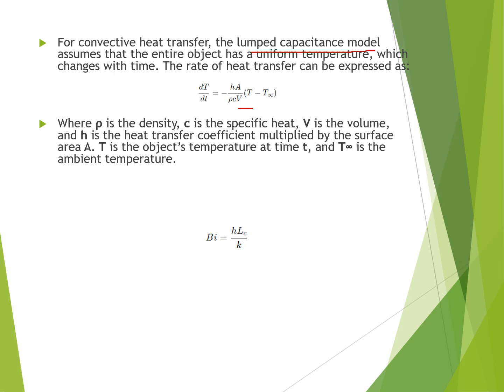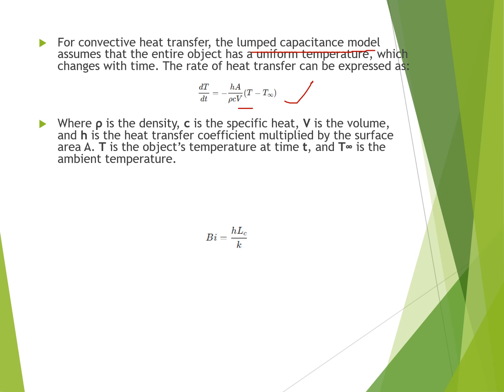It assumes that the entire object has a uniform temperature, and this is mathematically expressed in this manner: dT by dt, that is temperature by time, is equal to hA by ρCV, times the temperature difference (T minus T∞). T is your object's temperature, and T∞ is your ambient temperature.